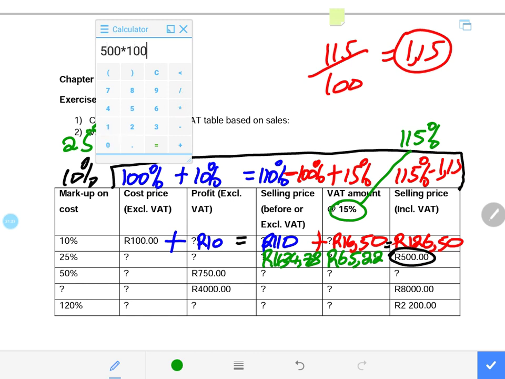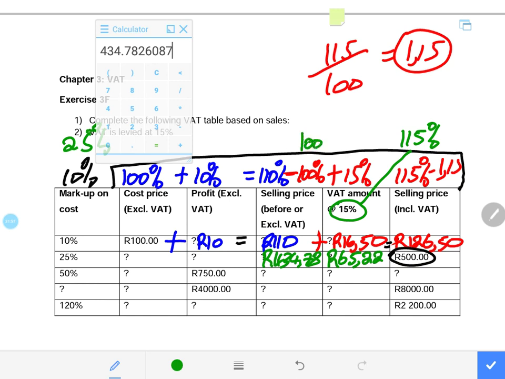It does not matter whether you say this minus this, or 500 times 100 divided by 115. Remember, the selling price before VAT was included is out of 100%. So we are looking for the selling price before VAT, which is out of 100%. Hence we say 500 times 100.